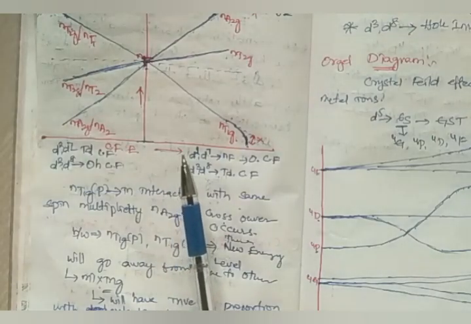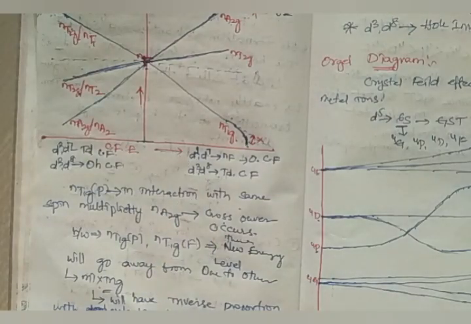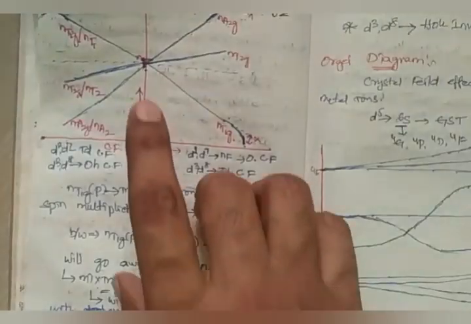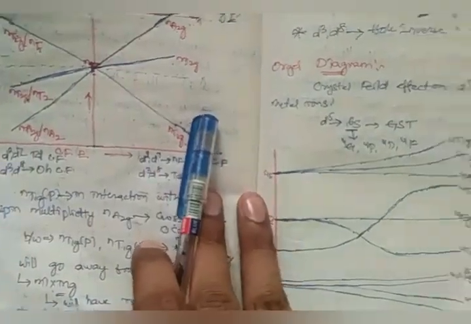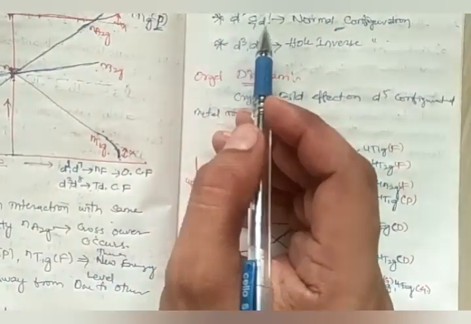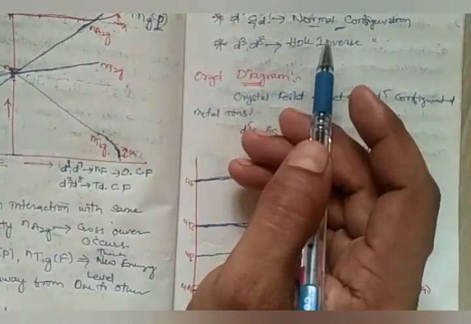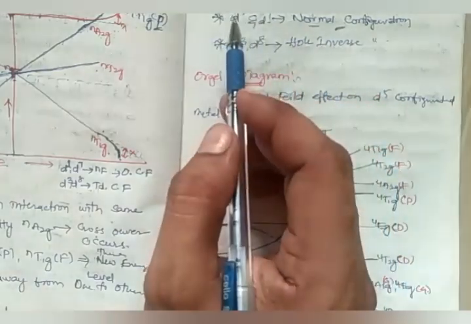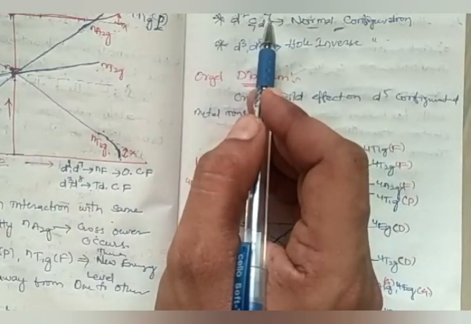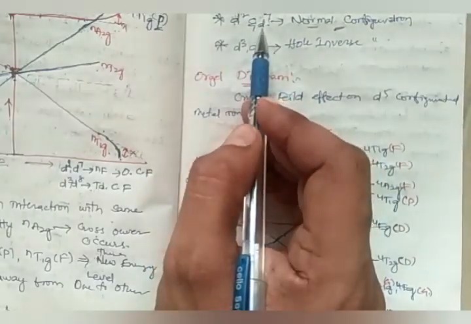That is the crystal field effect that takes place in D2, D8, D3, D7 configurations. Here we can observe two more things. D2 and D7 are said to be normal configurations, since the D2 splitting pattern and the D7 F term splitting pattern are the same.